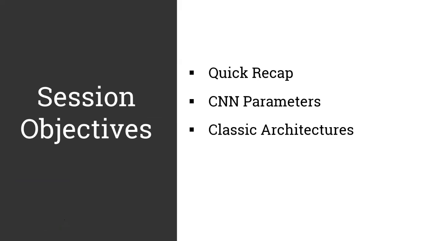We'll also see some of the classic architectures in convolution neural networks that have been groundbreaking and that have been the state of the art in a popular competition called ImageNet, which is based on the ImageNet dataset. We'll be seeing some of the architectures that have been able to achieve state of the art performance.